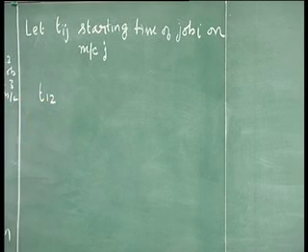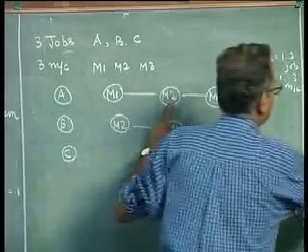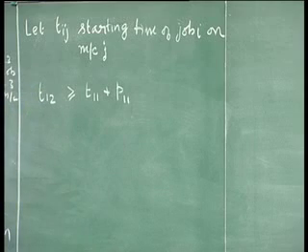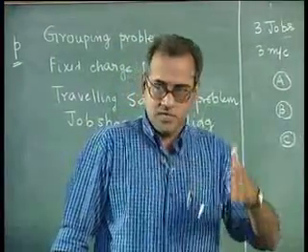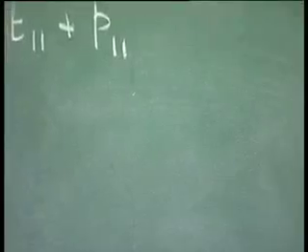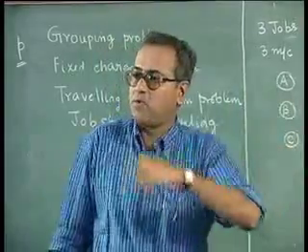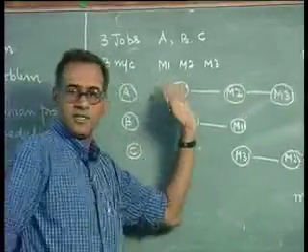T12, from 1 it goes to 2. So, T12 is the start time of job A on machine 2. So, T12 has to be greater than or equal to T11 plus P11, because job A first visits machine 1 and only then it visits machine 2, which means it should have completed its work in machine 1. And so, if T11 is the start time on machine 1 for job A, then T11 plus P11 is the time it is over, and it can go to machine 2 only after this is over. This is a very straightforward constraint.